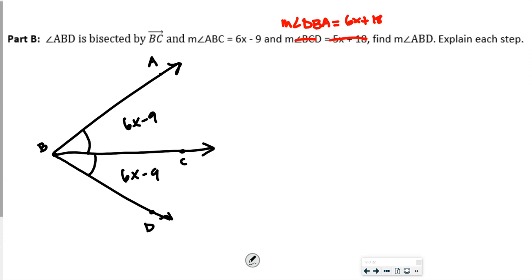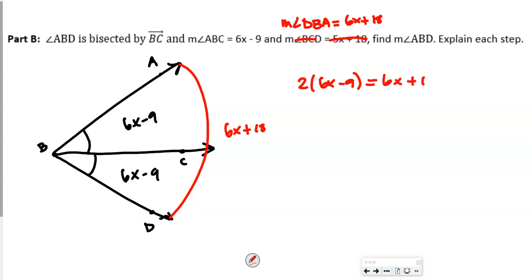Then it says on y'all's paper that DBA, the whole angle, is equal to 6x plus 18. So we have 6x minus 9 there twice, so we're just going to go 2 times 6x minus 9 and set that equal to our 6x plus 18.